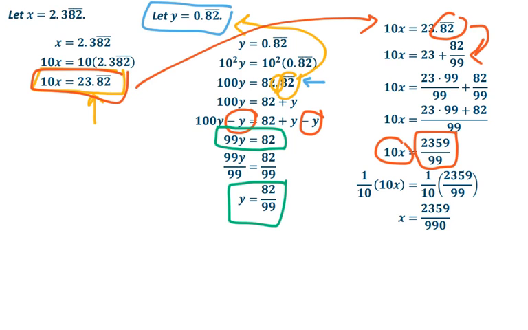You know what to do here. We're going to divide by 10 on both sides, or multiply by 1/10 on each side. And when we do that, I have basically achieved my goal. I wanted to know what the fraction equivalent was, and the fraction equivalent for that mess of a decimal is 2,359 over 990.